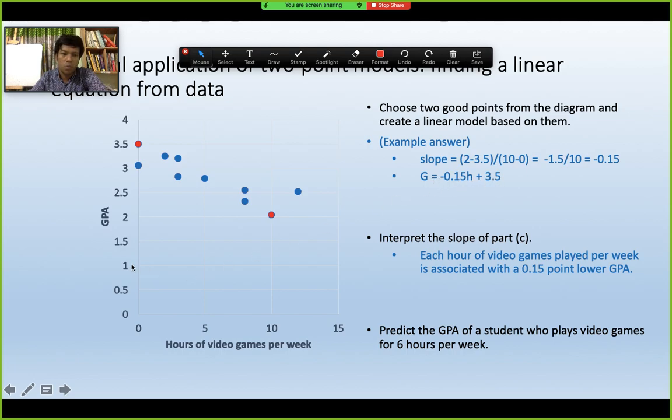Can it be 1? It cannot be 1 because there is no data. The line will not go this way. This 3.5, at maximum it can be 4, and at minimum it can be 3, because you see all the values are within this band. So our y-intercept has to be somewhere here or here, at most.